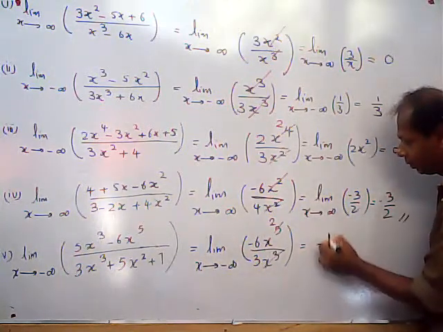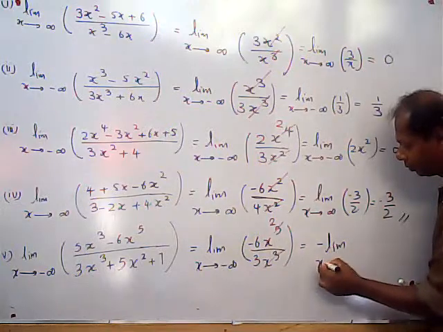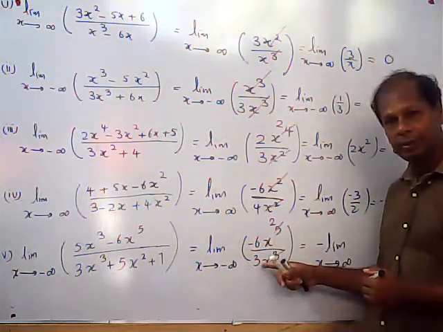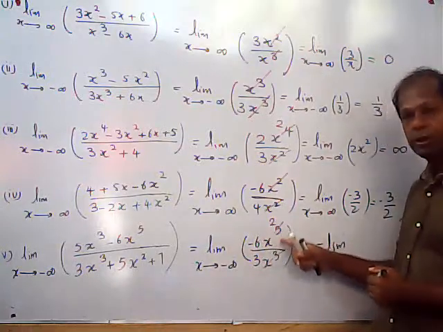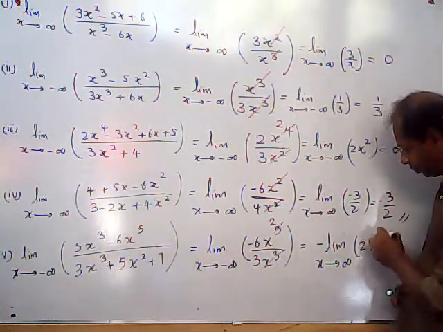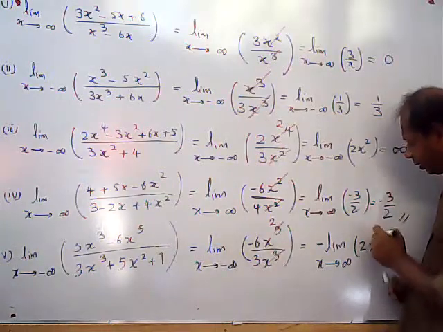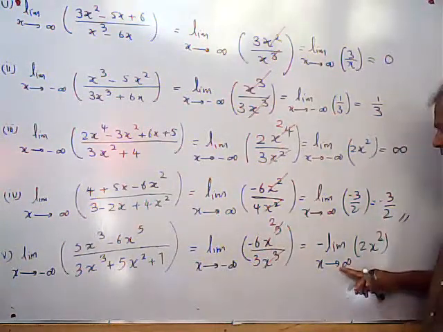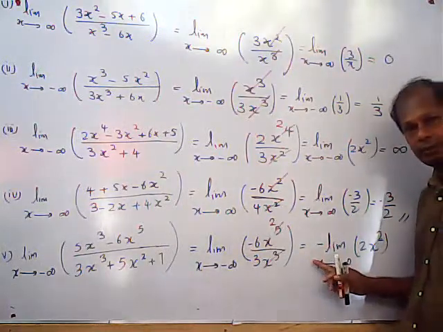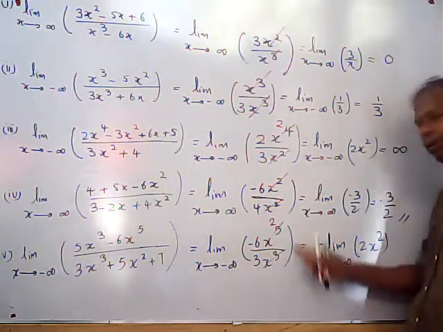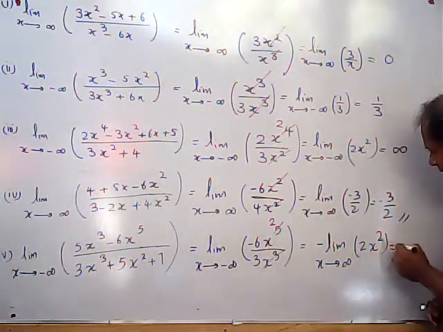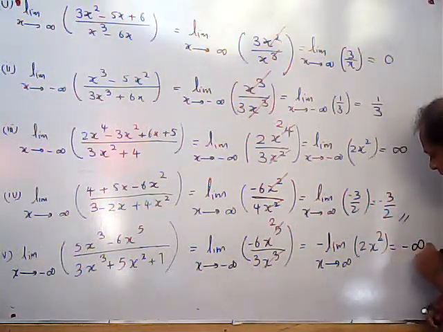Minus limit as x goes to infinity of 6 over 3, that will be just 2, 2x squared. As x goes to infinity, 2x squared will go to positive infinity. But you have minus 1 in front. Therefore, as a whole, it will go to negative infinity. So the limit is negative infinity.